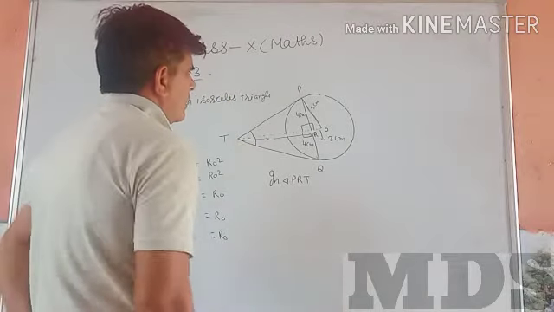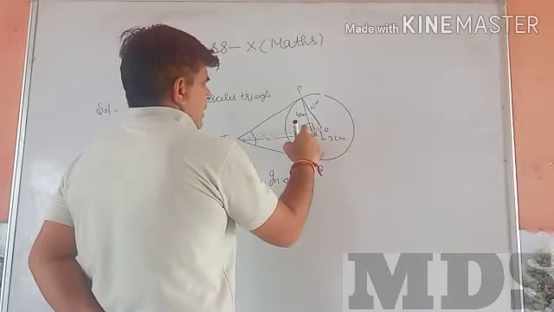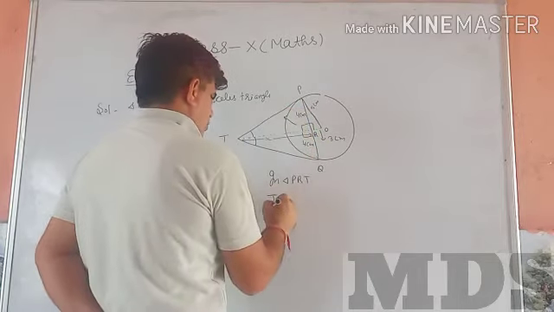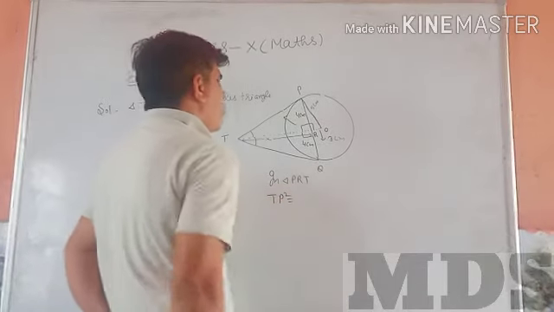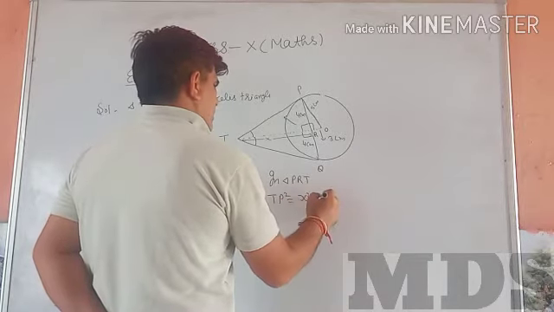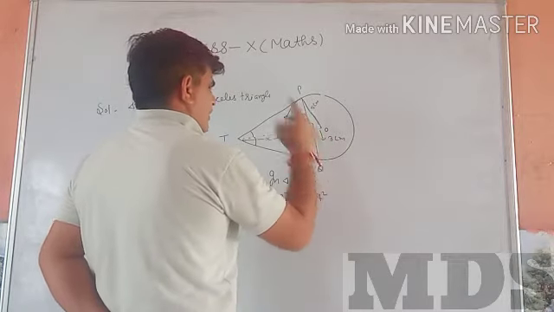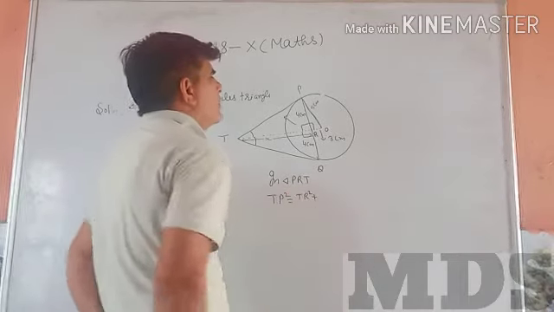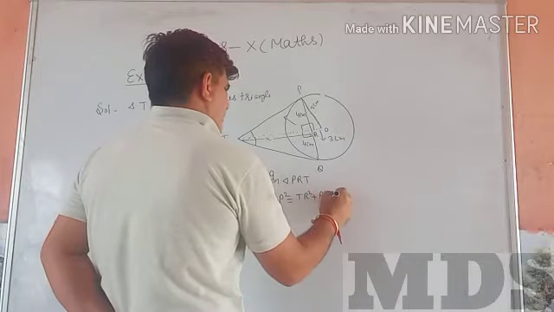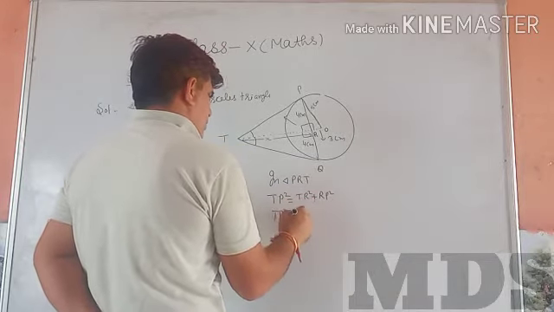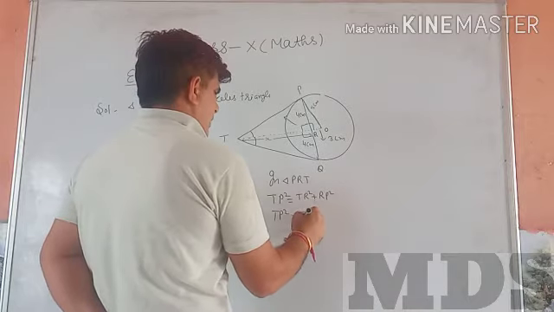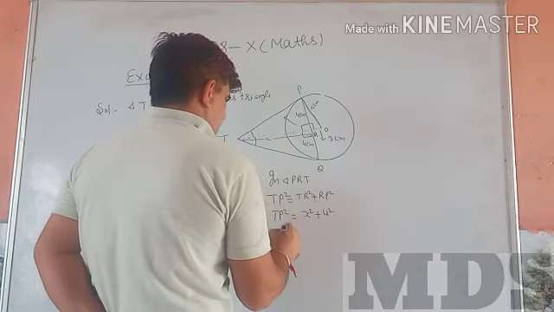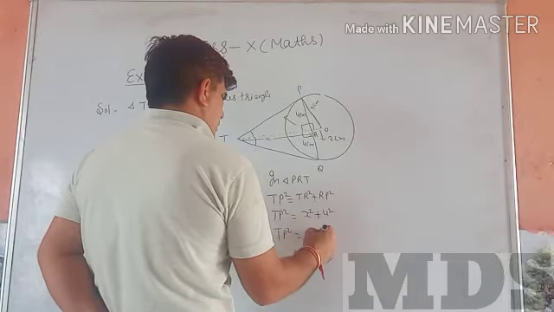Triangle TRP, this is the right angle. Opposite side is the hypotenuse. So TP square is equal to X square plus 4 square, that is PR square plus RT square. So TP square is equal to X square plus 16.